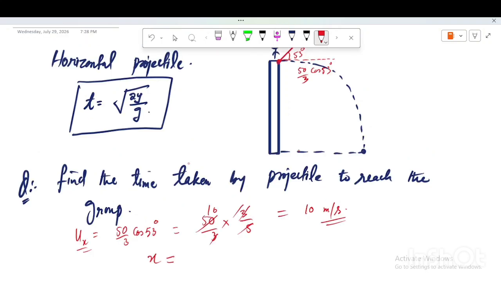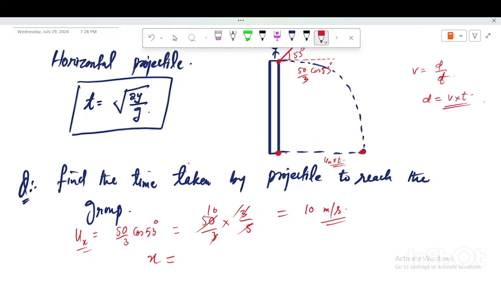The displacement covered by this object will be from here to here, right? So this displacement is ux multiplied by t. Because, as we have studied, velocity is equal to displacement upon time, therefore displacement will be equal to velocity multiplied by time.